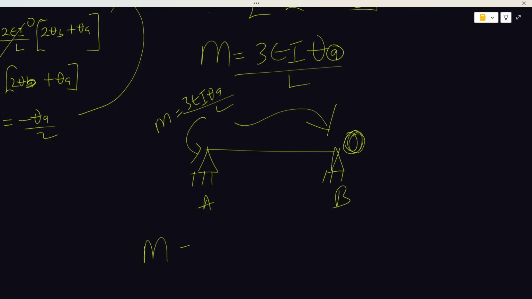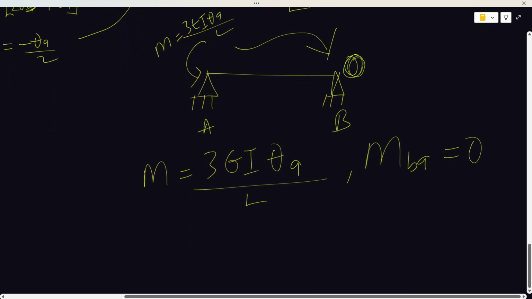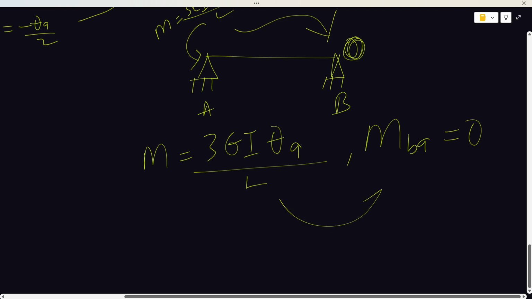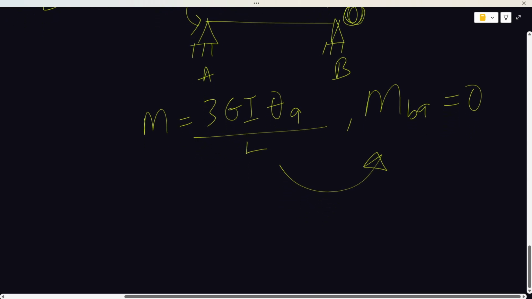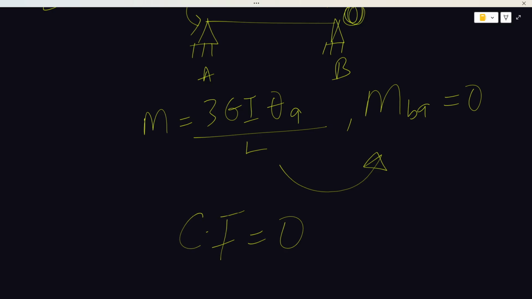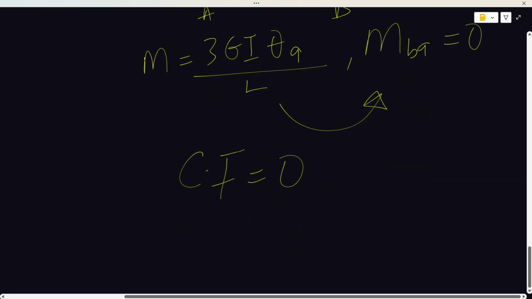So M is equal to 3EI theta A over L. MBA is equal to 0. So there's no way we can transfer moment. So the carryover factor will be equal to 0. So that is the first thing we should know.